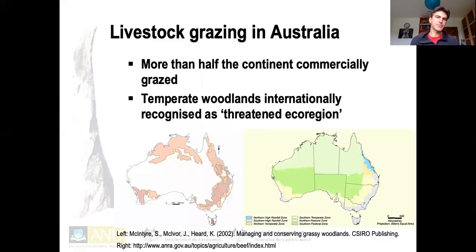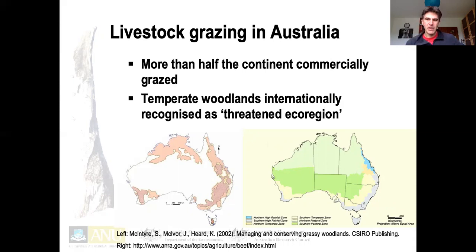When we take a look at a map in Australia of commercial grazing zones and a map of woodlands, here is a map of woodlands and a map of so-called grassy woodlands, and a map of grazing zones here.